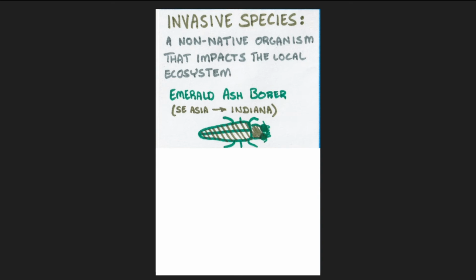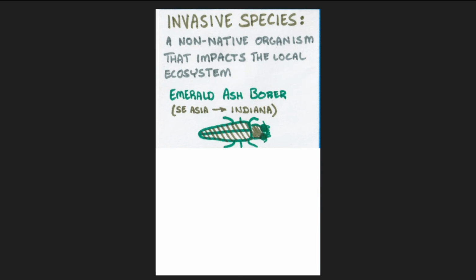Only something interesting was found about this beetle's eating habits. It really, really loved Indiana ash trees, hence why it's called the emerald ash borer. It bores into ash trees and eats them from the inside out. And as a result, it ends up killing the ash trees.